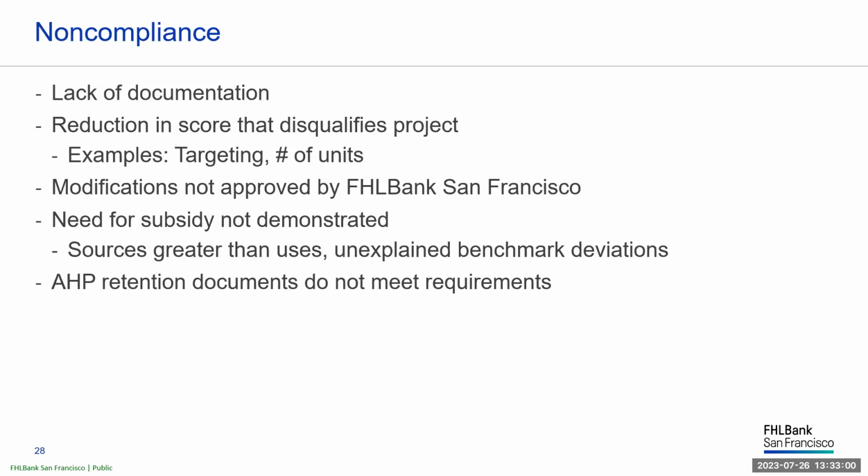Any modification that is not communicated to or approved by the bank prior to initial monitoring may cause the project to be non-compliant. So in closing, we strongly recommend the use of AHP retention templates to ensure compliance with the AHP regulations.